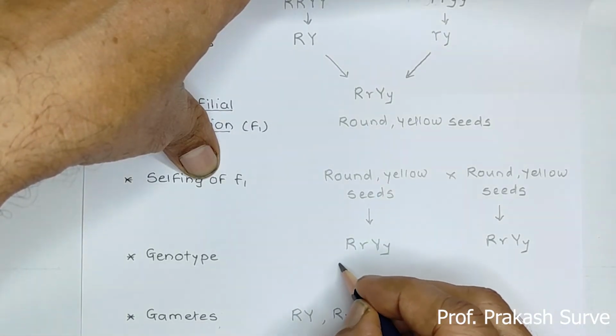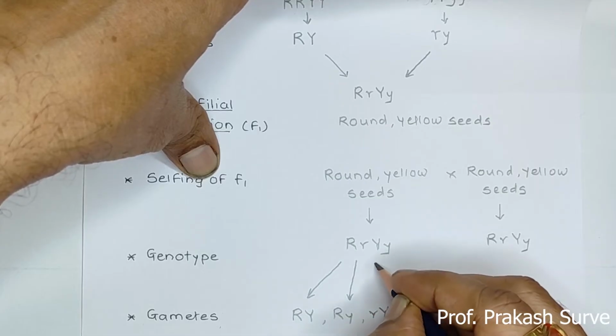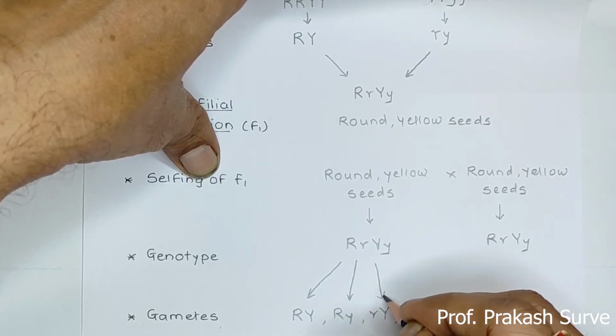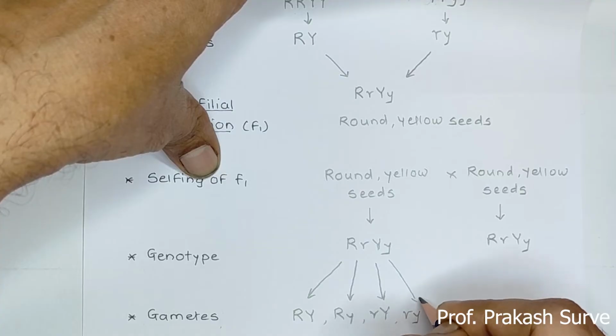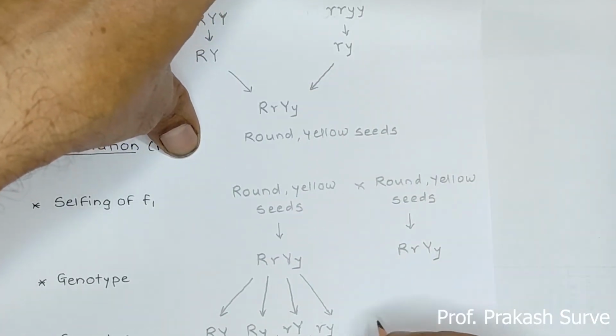So we got four types of gametes from this, and these are the male gametes. Same way we'll get the female gametes also.